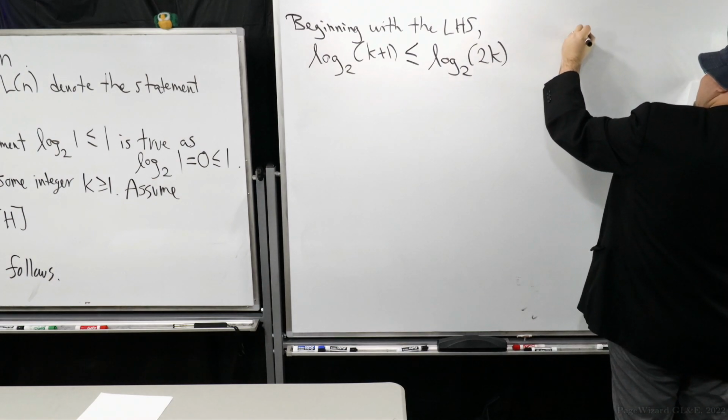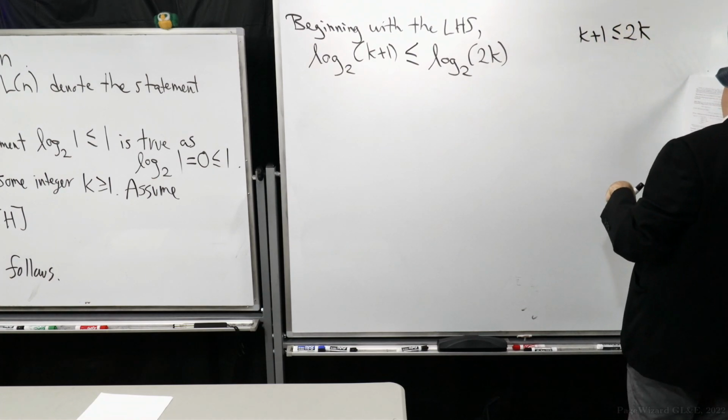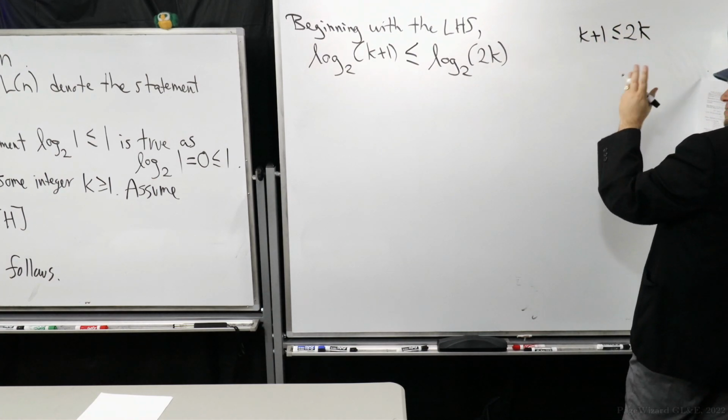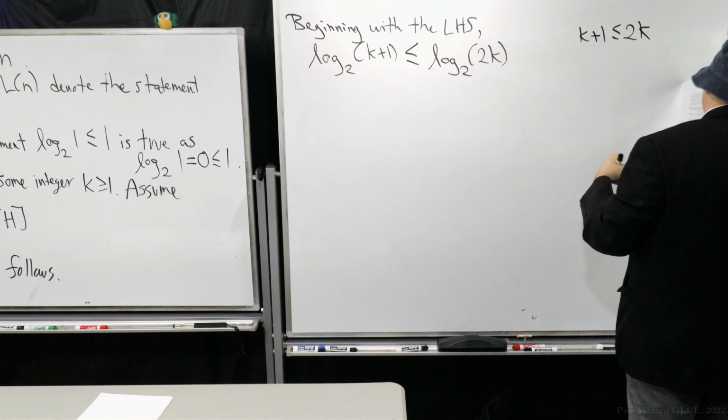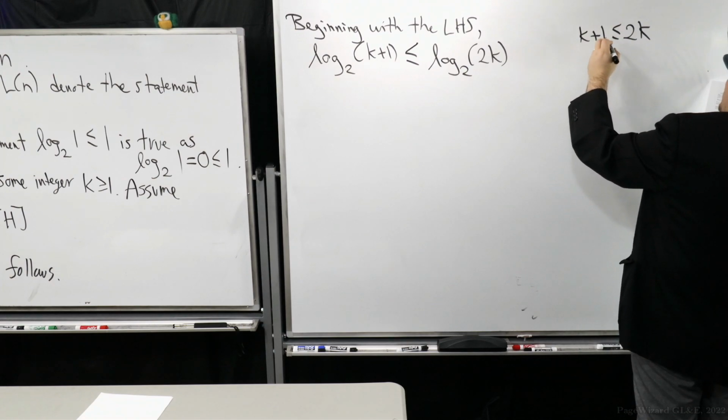So suppose I have k plus 1 is less than or equal to 2k for all k's greater or equal to 1. This has to be true if and only if the following is true.